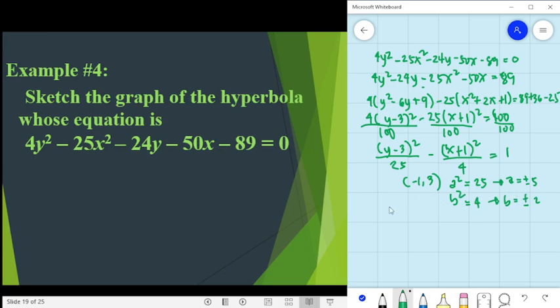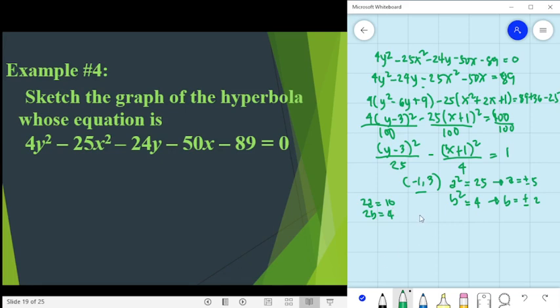So if a is 5, your 2a is equal to 10, your 2b is equal to 4. When 2a is 10, the length of your transverse axis is 10. The length of the conjugate axis is 4.